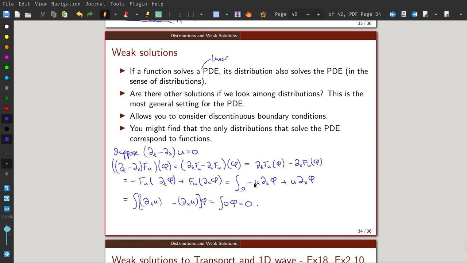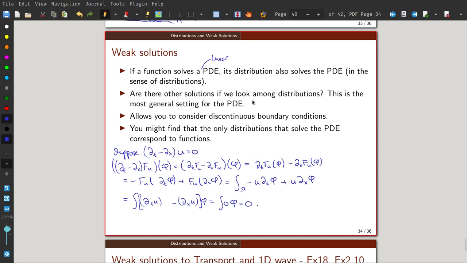If it's nonlinear, then that operation doesn't work, and then there's no correspondence between solutions of partial differential equations and partial differential equations for the distributions. So distributions are a technique that work on linear partial differential equations. But that's okay because a lot of equations are linear partial differential equations.